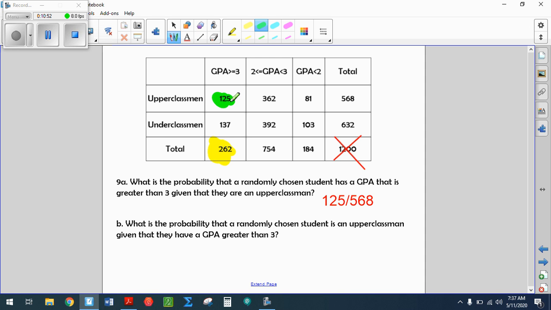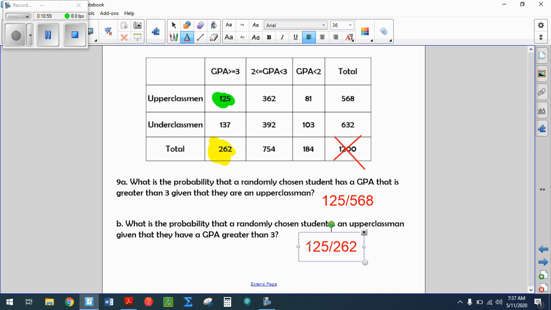So that's 125 out of 262. So 125 is the same in both problems. But the first time you're given that they're an upperclassman, so you're choosing the number of students that have a GPA greater than 3, 125 out of the 568. The second time, you're given they have a GPA greater than 3, so there's 262 total students, and then you want the upperclassmen, so 125 out of that.